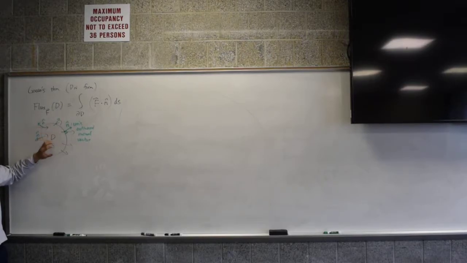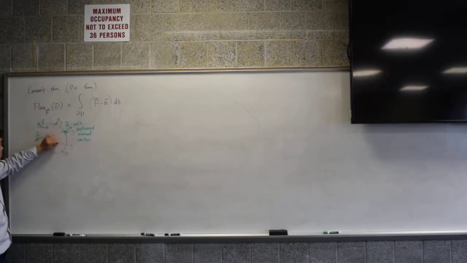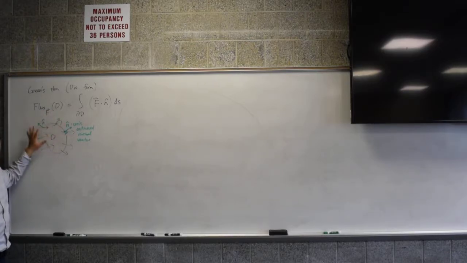So in the case of electric fields, you would have something positively charged in the middle, which makes this a source. Okay? If this is negative, then you say this region D contains a sink. All right? So those were the terminology people used to talk about flux. And this talk about flux gave you a good idea about what the electric field is doing in that region.